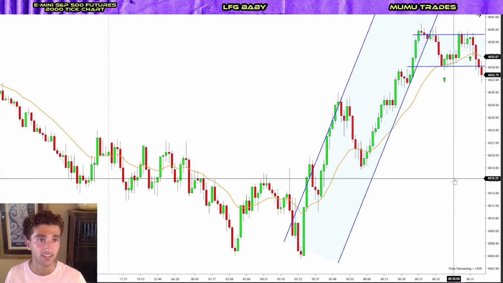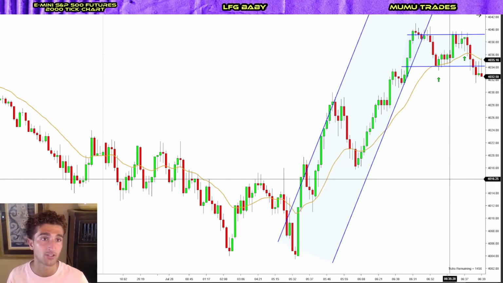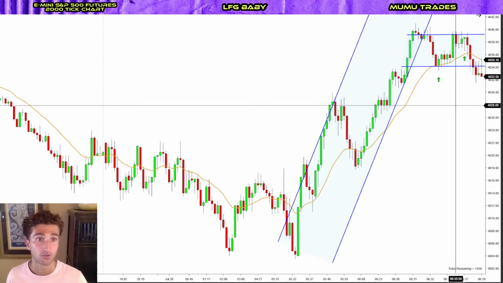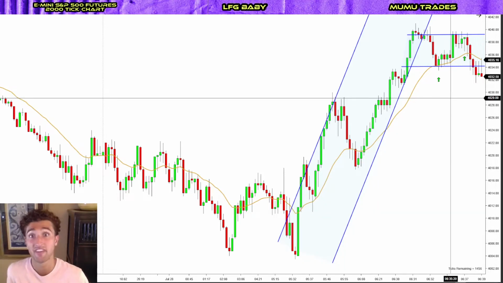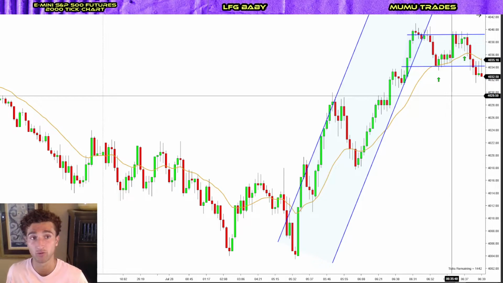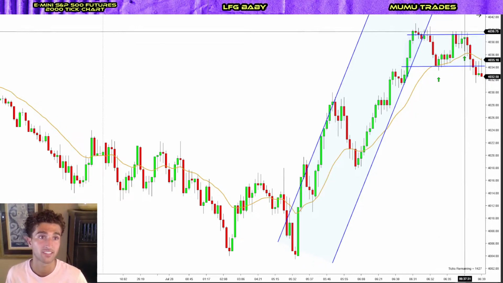So once we do finally start reversing, now we can start looking for some potential reversal setups in the forms of failed second entry longs. In the uptrend, we're looking for second entry longs, and once the uptrend is over, then we can look for failed second entry longs.